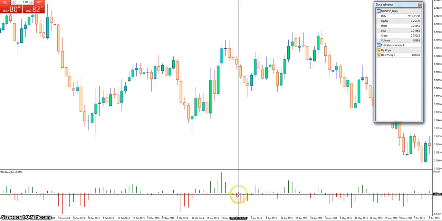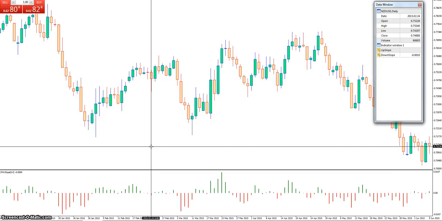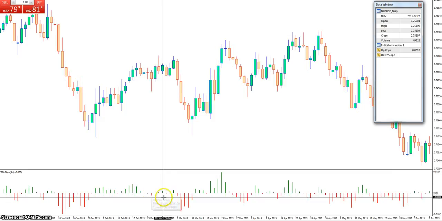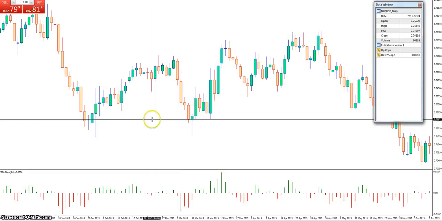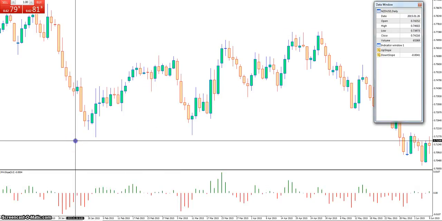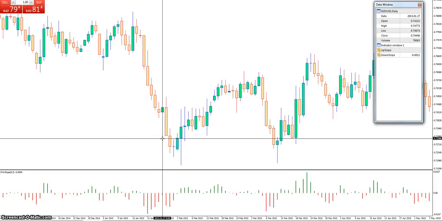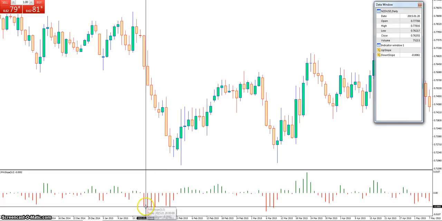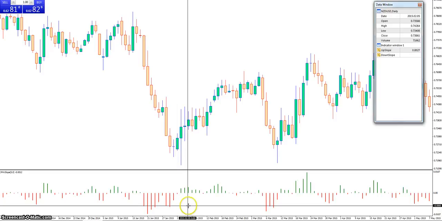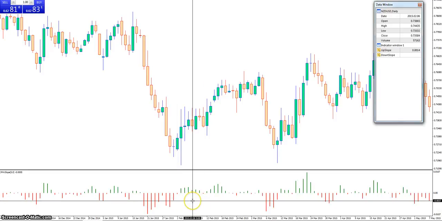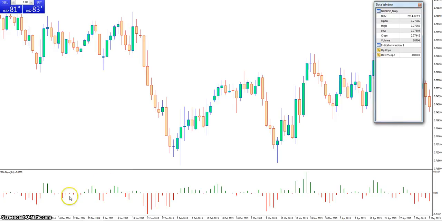For a buying scenario, we need the indicator value to be lower than this, and the price has to be higher than this point. So that is difficult to find. Maybe we have something here. This is a peak bar, this is a valley bar, but the conditions are not meeting. Here also conditions not meeting. Okay, I'll pause the video and let me find a suitable example, and then I'm coming back.